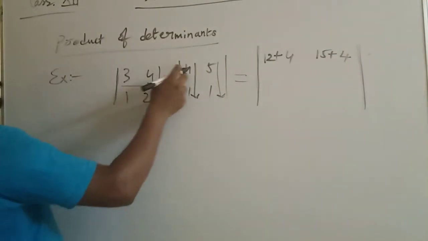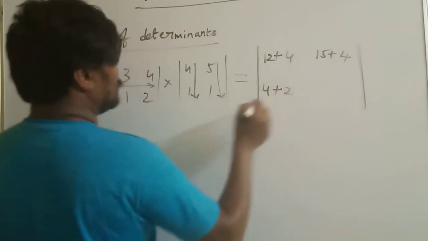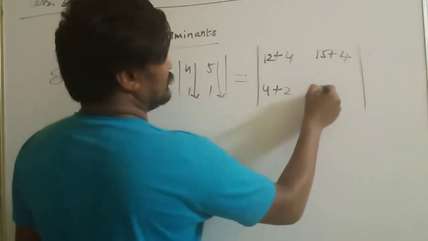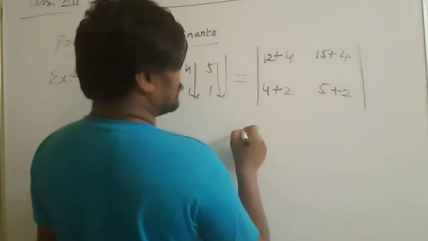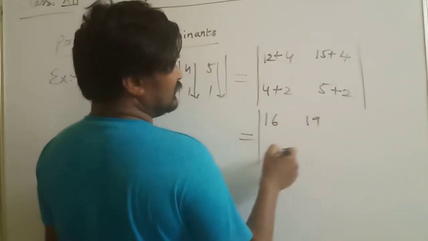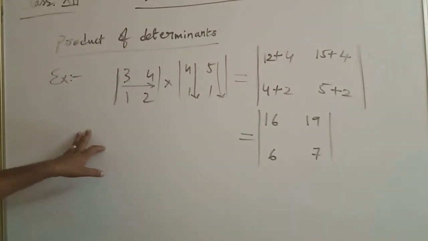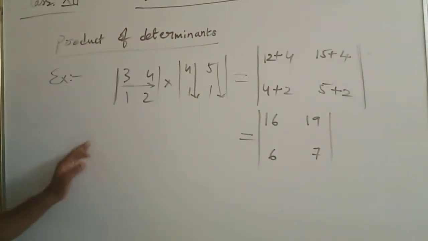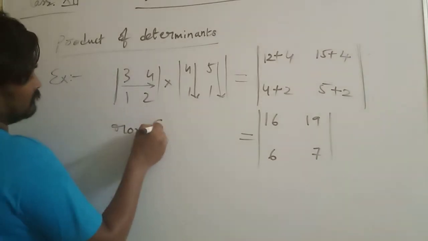Same method next: 1 4s are 4 plus 2 1s are 2, 1 5s are 5 plus 2 1s are 2. So at last what is your answer here? 16, 19, 6, 7. So this is how you multiply determinants by row and column.